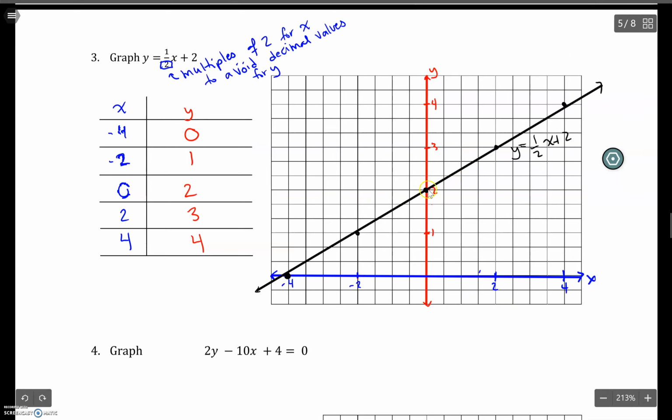We have a y-intercept at 2, and then the slope is half, which means that it rises up 1 unit for every 2 that it moves horizontally. Remember to label your axes, and be sure to also label your equation and put arrows at the end of all of your axes and lines to show that they continue on.